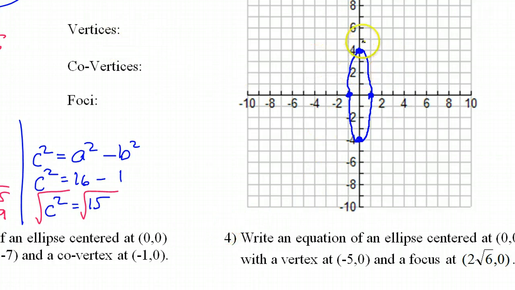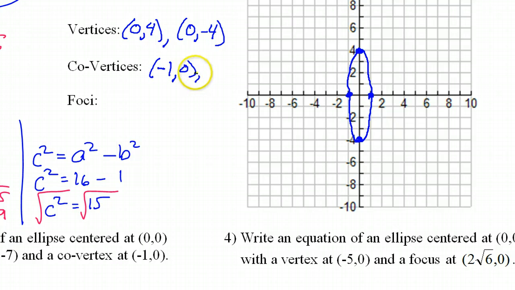So right there, the vertices, which are always the long way, will be 0, 4, and 0, -4. The co-vertices, which are the short way, are -1, 0, and 1, 0. Now the foci, I'm going to need the c value for that.